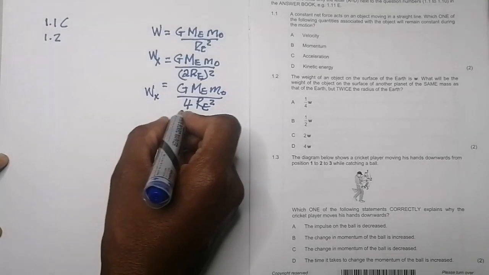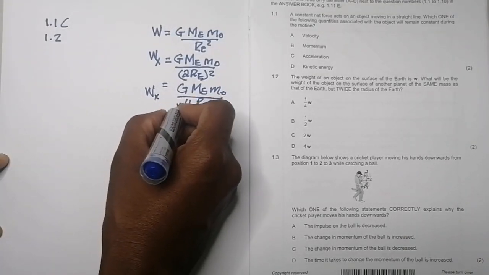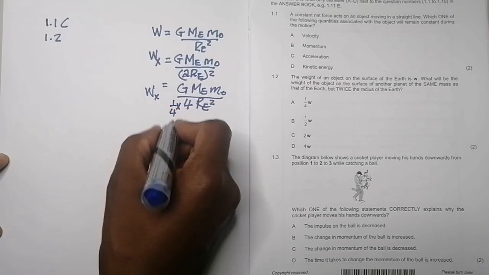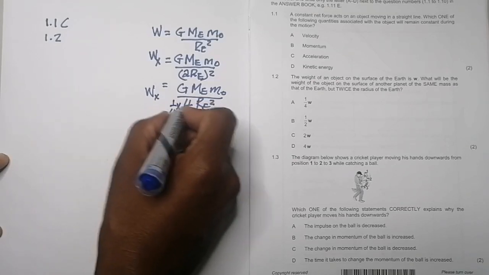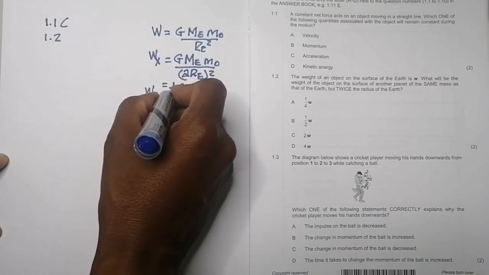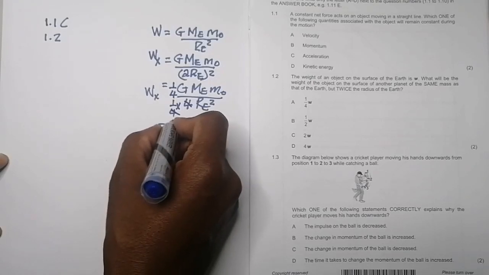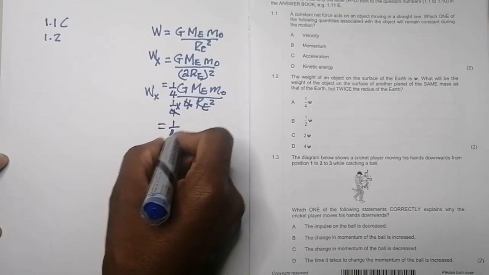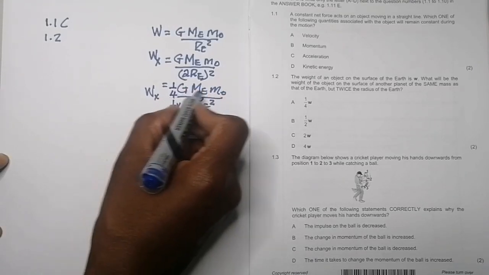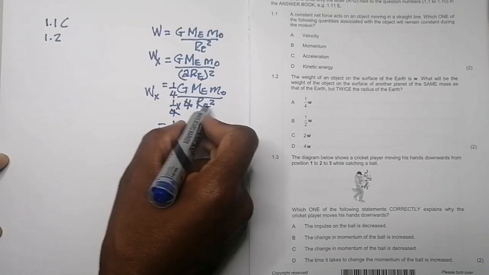So let's multiply by 1 over 4, the inverse, so that we remove that 4 at the bottom. But remember, what I do at the bottom, I need to do at the top. So what does that give me? 1 over 4, can you see, I'm now going to be left with G ME MO divided by RE squared.